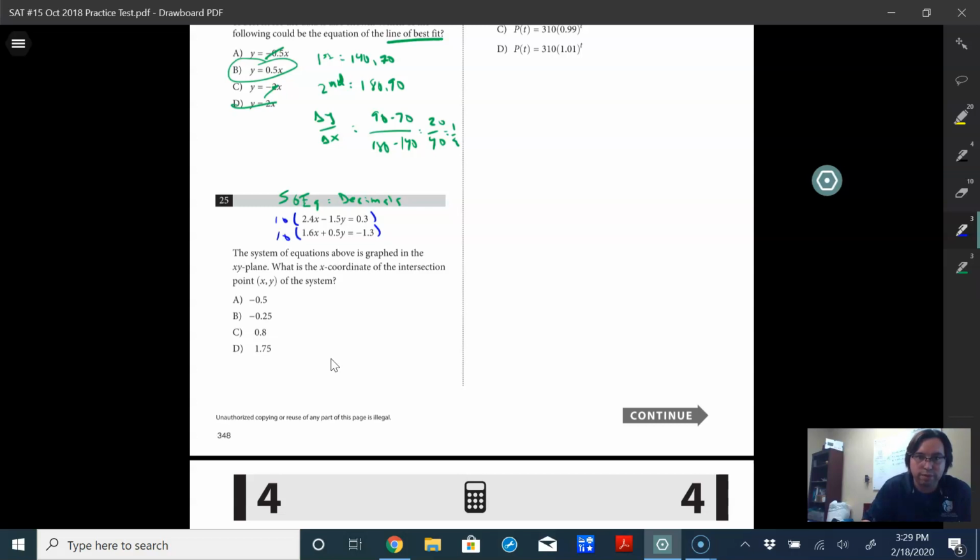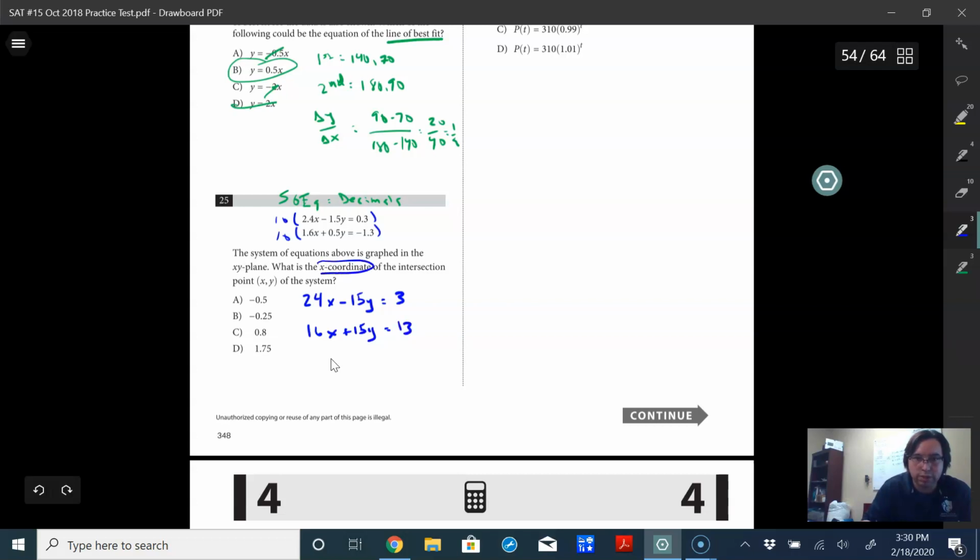So now we essentially have 24x minus 15y equals 3. And then on the bottom, we're going to have 16x plus 15y equals 13. And it's asking, what is the x coordinate?